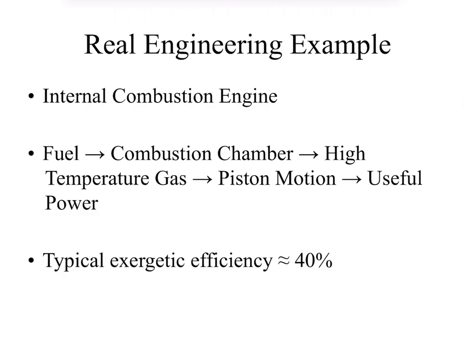The next slide is that an internal combustion engine is a good example. Fuel combustion creates high temperature gases that move the piston and produce useful power, although only part of the fuel energy becomes work.